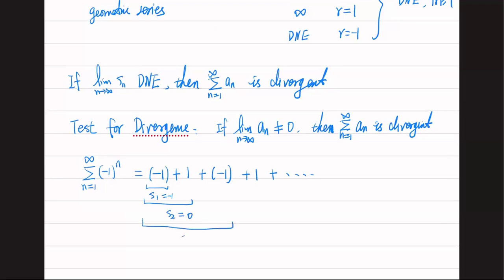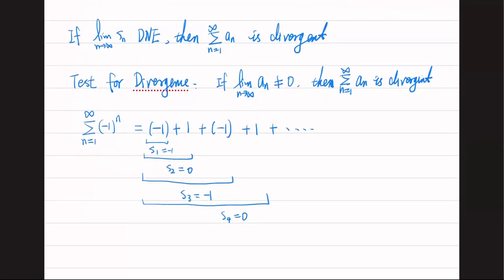S3 back to -1. S4, 0. So we can see the partial sum sequence oscillates between -1 and 0, -1 and 0. So the limit doesn't exist. This implies the series is divergent.